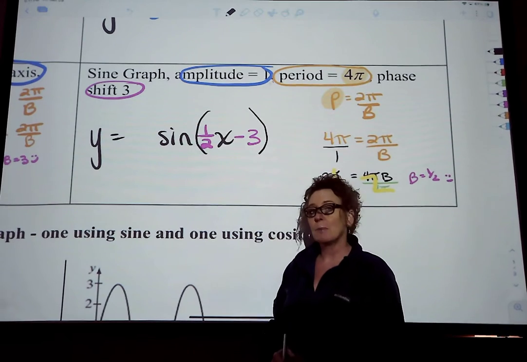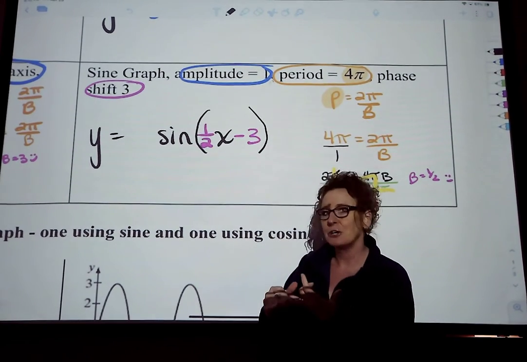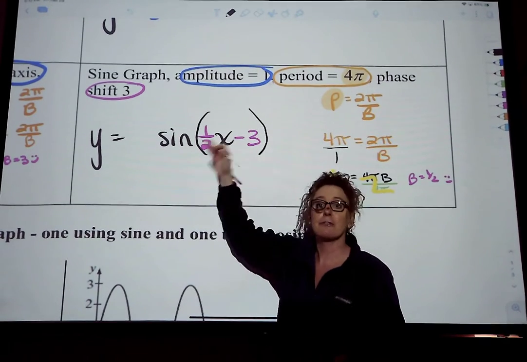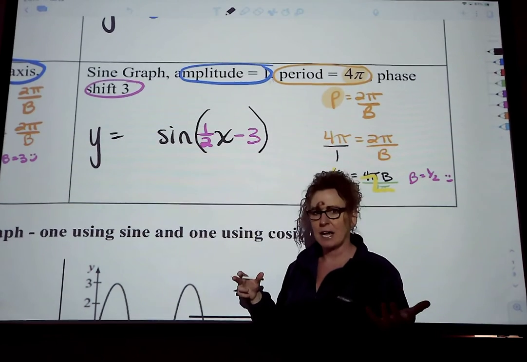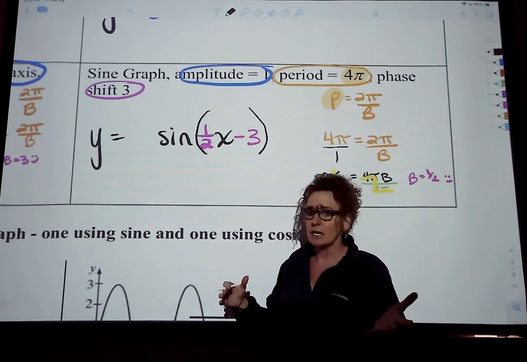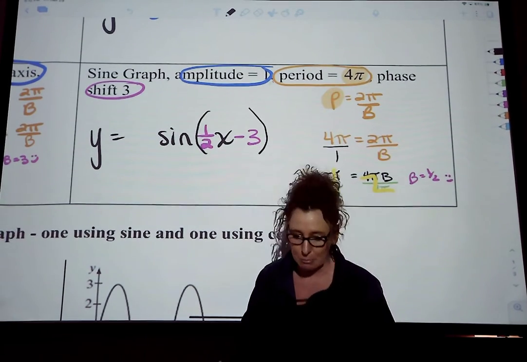So whoever looks at your paper to determine what b is and what the phase shift is, they're going to pull the 1/2 off of the x, and they're going to pull the 1/2 off of the 3. And they're going to say, you've got a phase shift of 3/2. No, you don't. You got a phase shift of 3. You're the one writing the equation. You put your parentheses in the appropriate place.